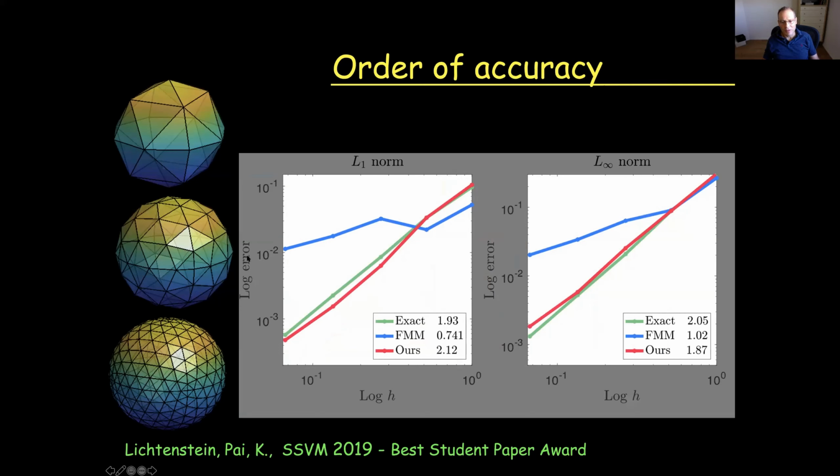Okay, so the FMM is the first order accuracy algorithm, and the exact as well as ours are second order. Again, ours means the neural network, and the accuracy can be measured accurately if you take a sphere and you triangulate it. And on a sphere, you know exactly what the geodesic distances between points are.